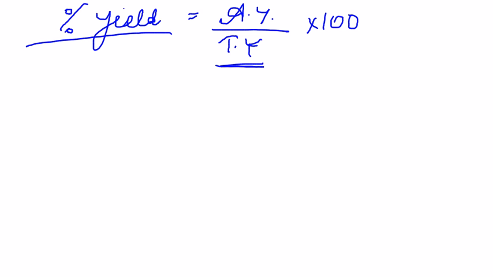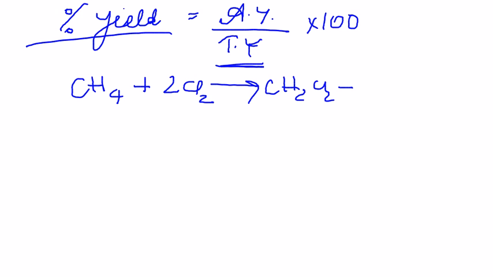So the question here is, CH2Cl2 is prepared by reaction of methane and Cl2 giving HCl. So the reaction given is CH4 plus 2Cl2, and that gives you CH2Cl2 plus 2HCl. It is a balanced reaction. How many grams of dichloromethane result from the reaction of 1.85 kilograms of methane?